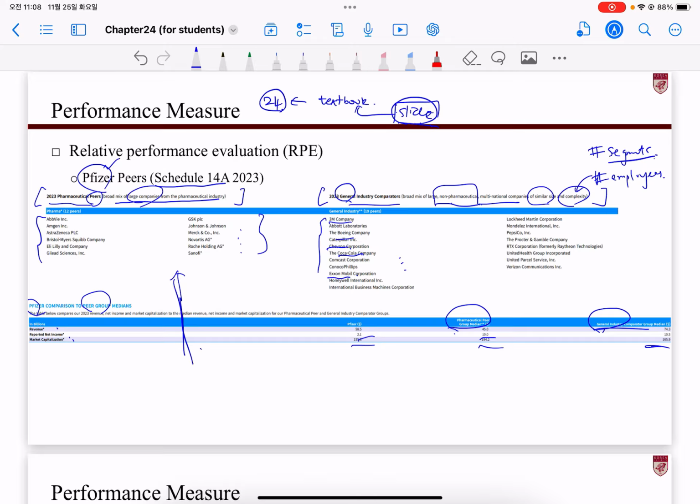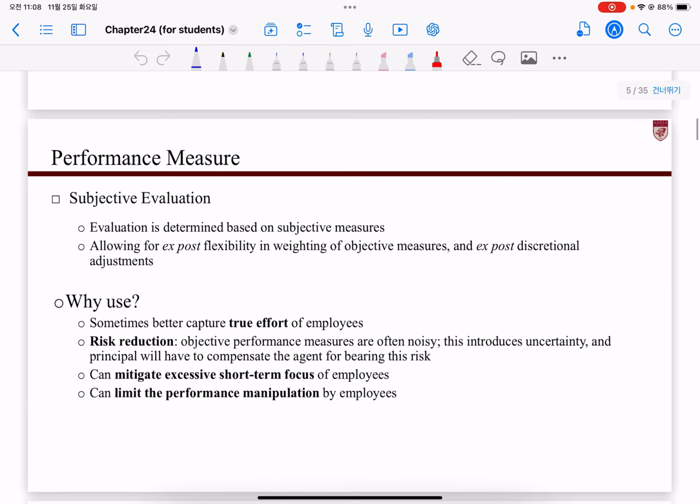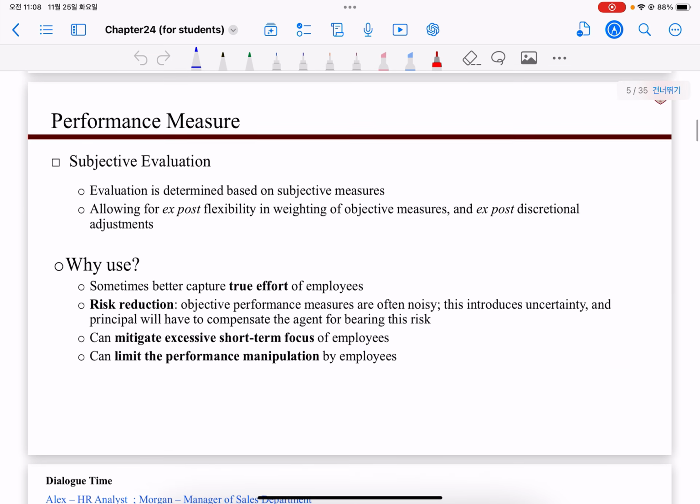It is based on the aggregate opinions of the board members. So it's quite a subjective matter. Okay, so that was it.